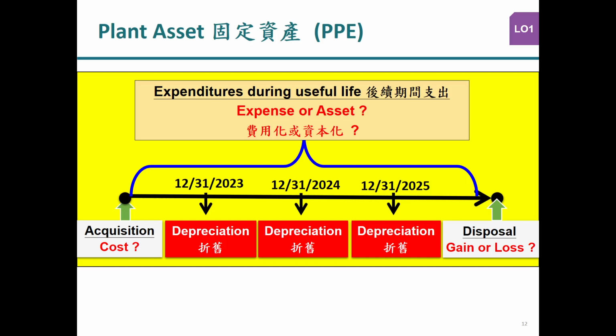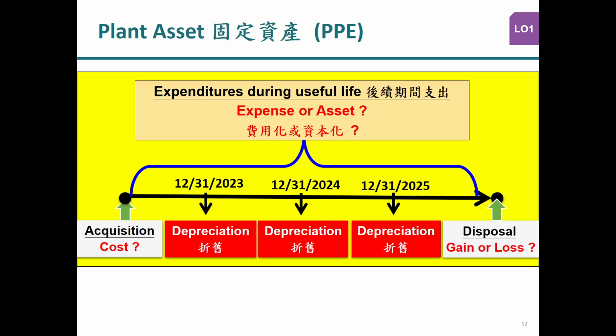Plant asset, 固定资产. Okay, so that's the first issue. After that, we will talk about the following expenditures. When we buy the car, we talk about the cost you spend to buy the car. But after you got the car, do we still need to spend more money? Yes, right?